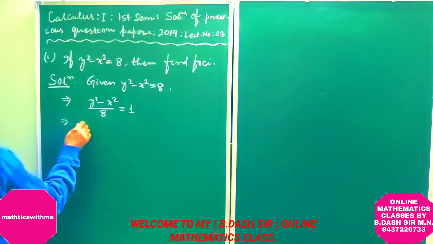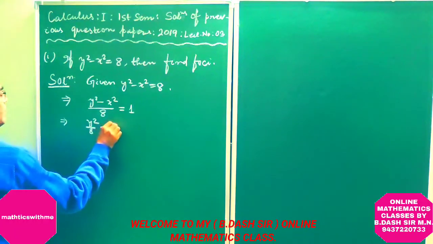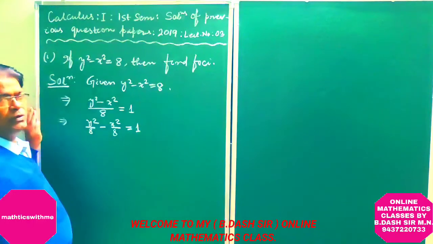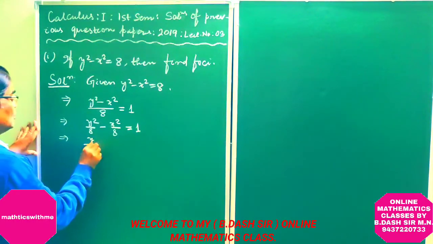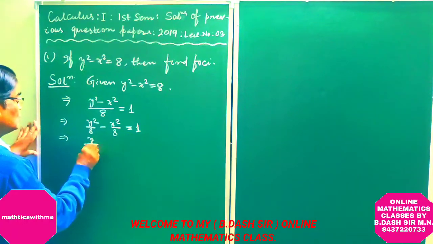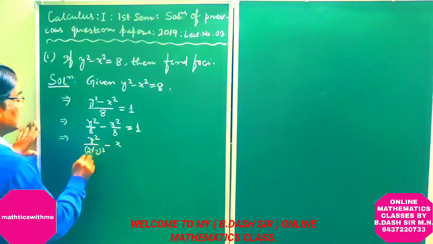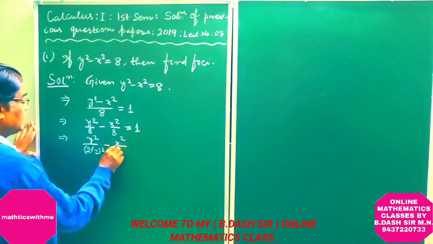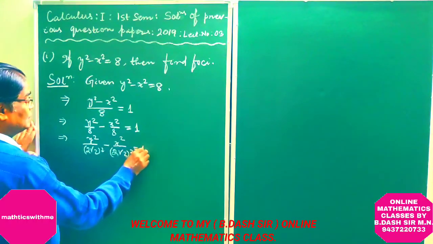This implies y square by 8 minus x square by 8 is equal to 1. This implies y by 2 root 2 whole square minus x square by 2 root 2 whole square is equal to 1.